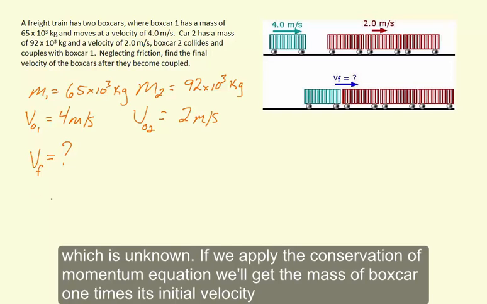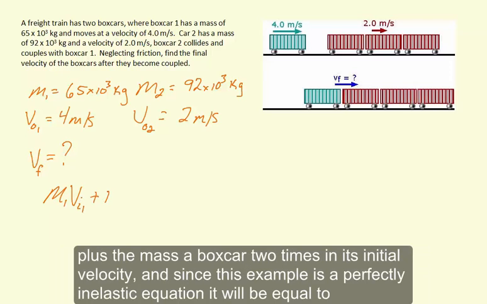If we apply the conservation of momentum equation, we'll get the mass of boxcar 1 times its initial velocity plus the mass of boxcar 2 times its initial velocity.